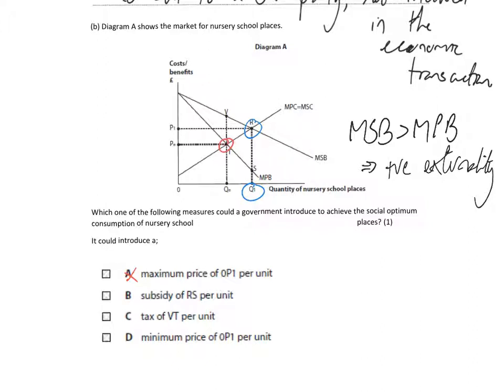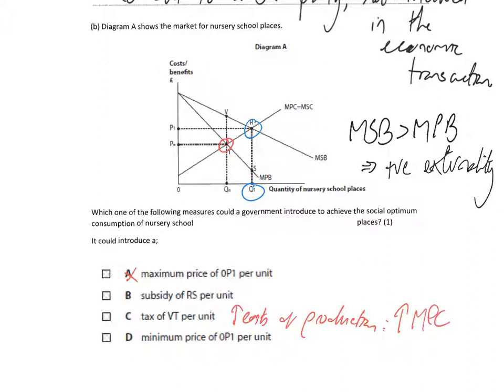A tax of VT: well, a tax is going to increase the cost of production for the firms, and what that is going to look like is an increase in the marginal private cost.